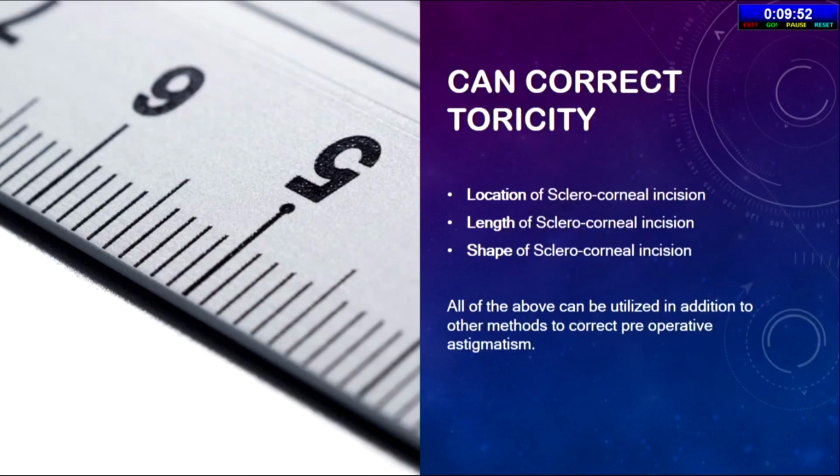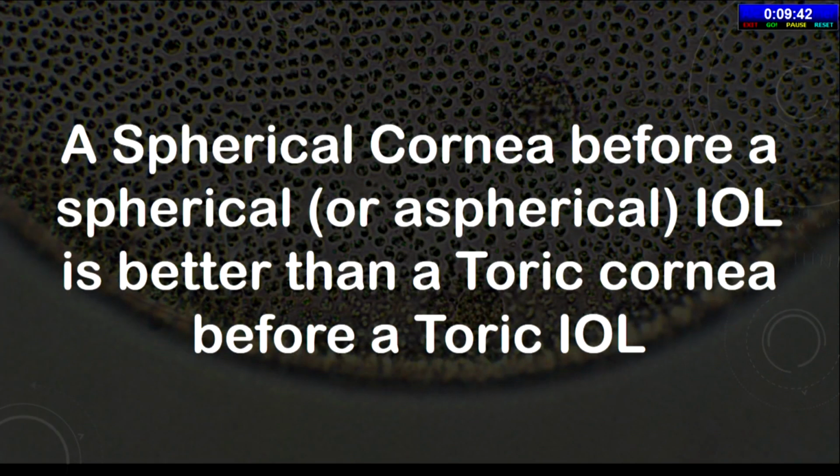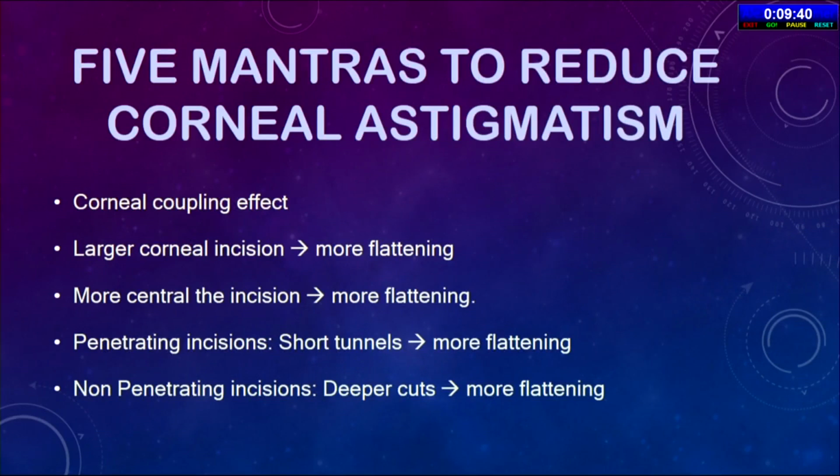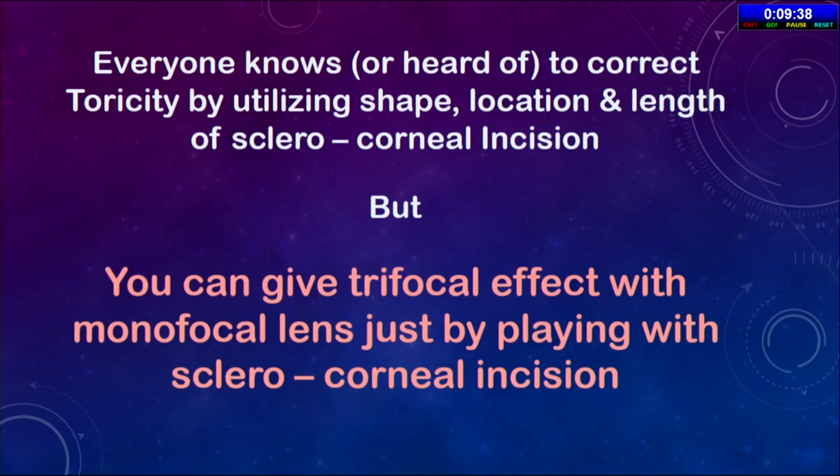As we have discussed till now, SICS can correct toricity by choosing the correct location, length and shape of the incision. But can it give multifocality? Yes. This is very recent.